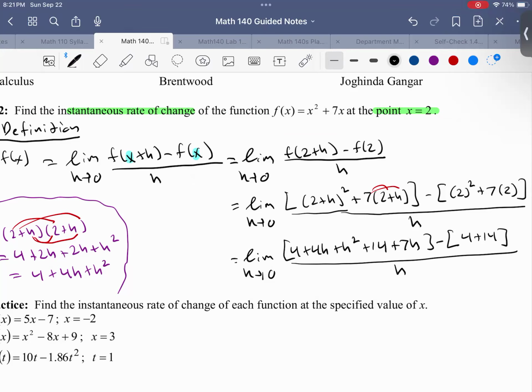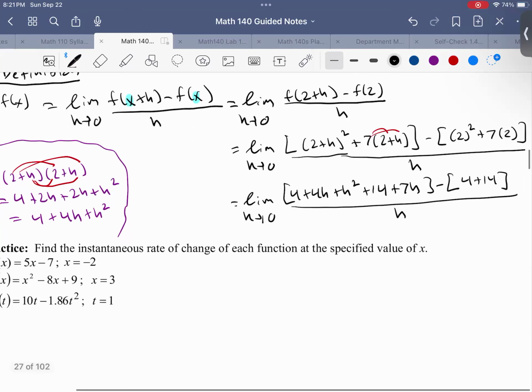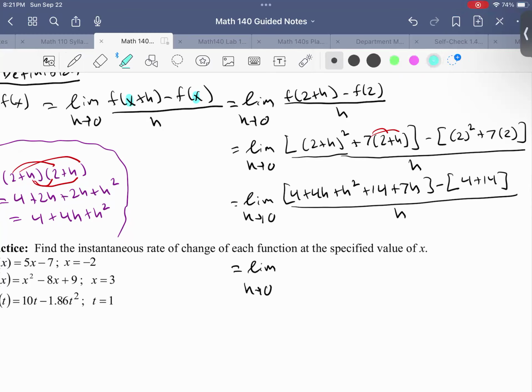Okay. Now, let's just go ahead and simplify a couple of things coming down here a bit. All right, so we have a couple of like terms. We have 4h, 7h, 4, and 14. And then we can combine that 4 and 14 over there.